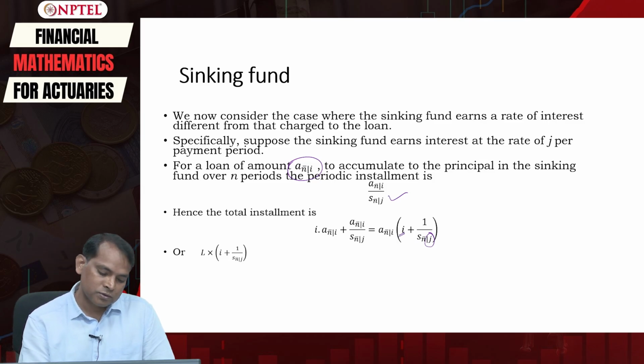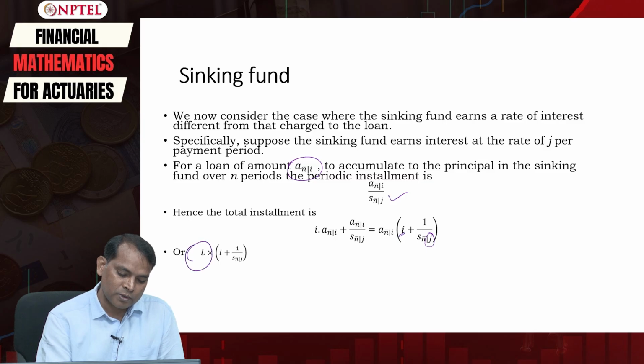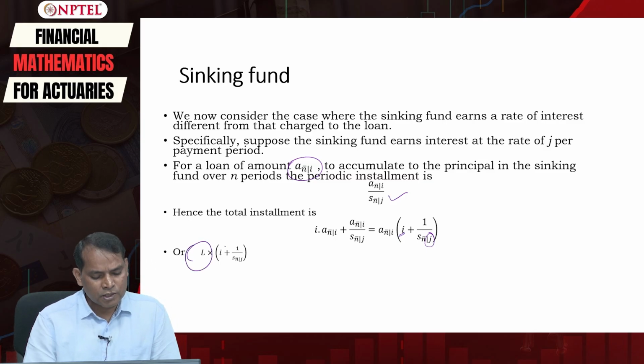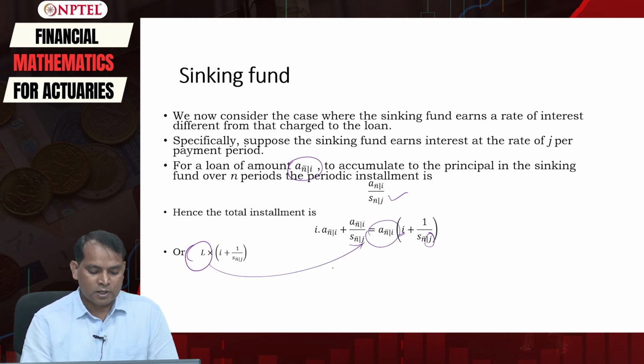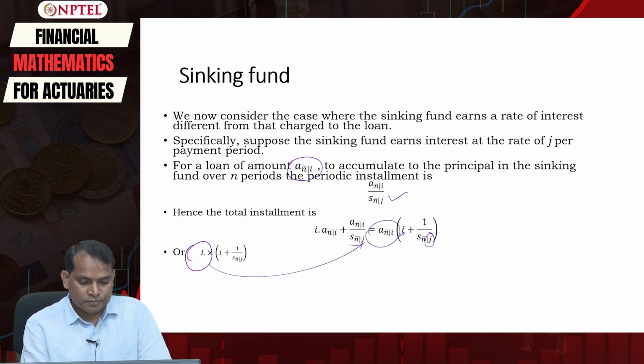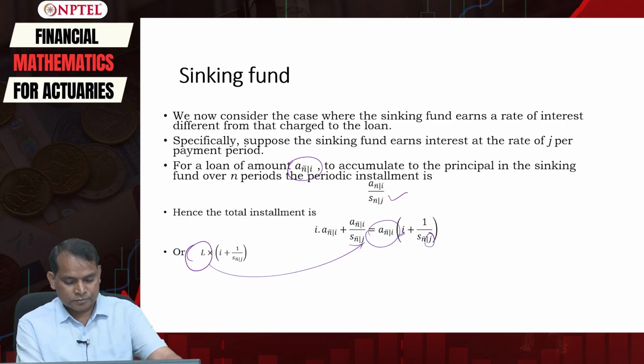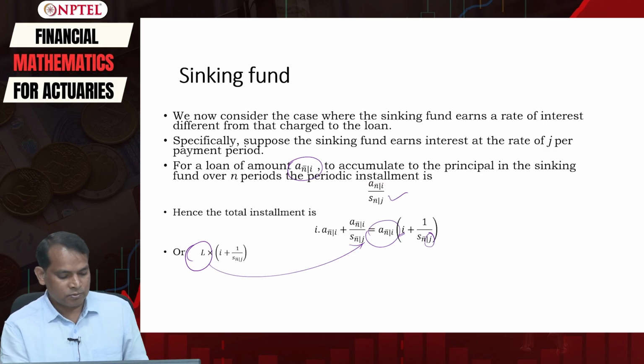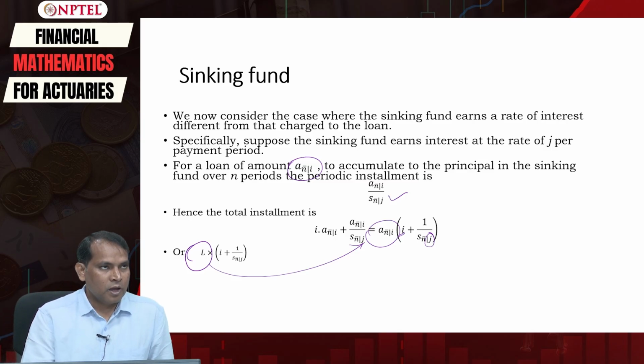This can also be written as, L being the initial loan, so this will be equal to this. Then we can rewrite that the total installment therefore will become L times i plus 1 upon s angle n at j.